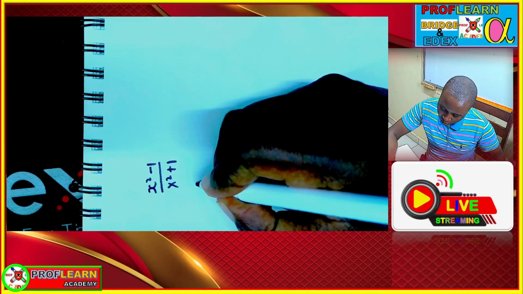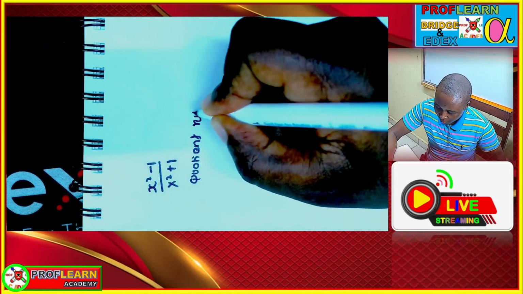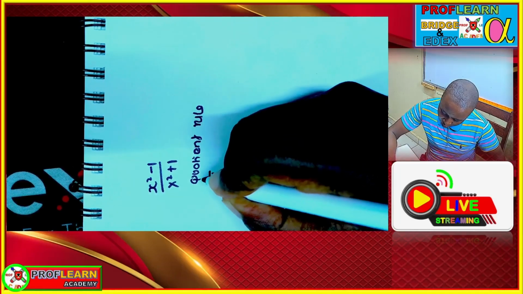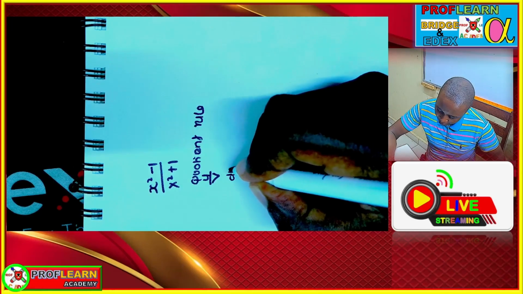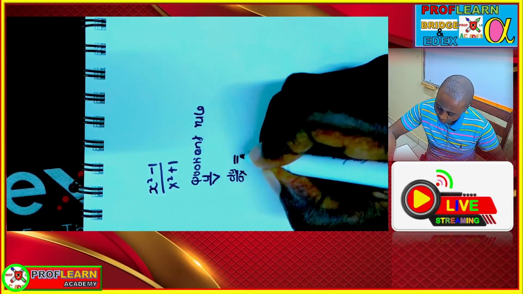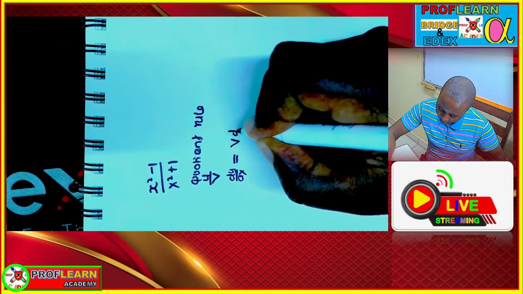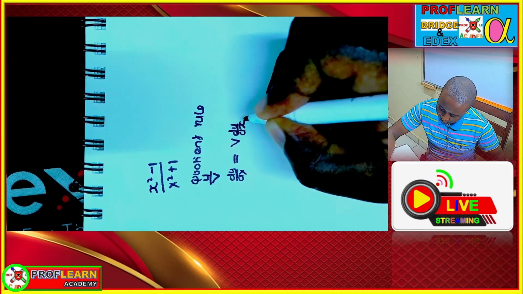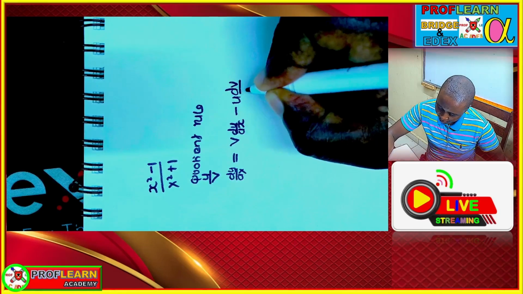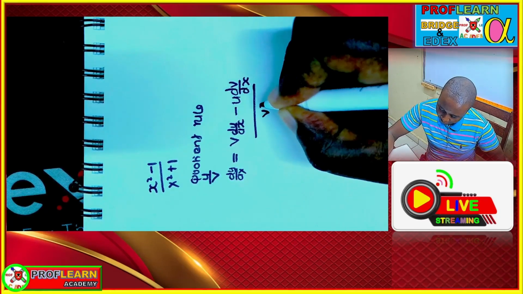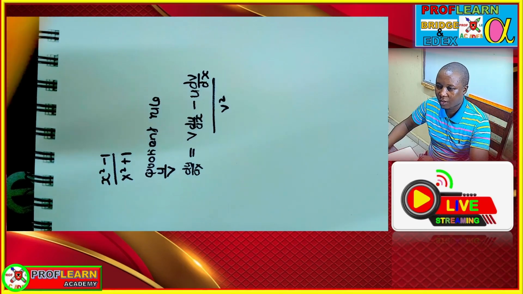So remember, using quotient rule, if you have u over v, then dy/dx is equal to (v du/dx minus u dv/dx) divided by v squared.